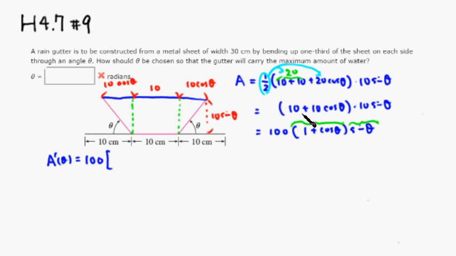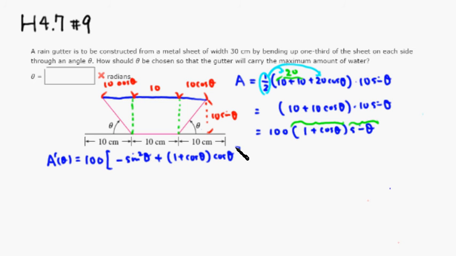The derivative of the first is 0, the derivative of cosine is negative sine, times sine of theta, so it's negative sine squared of theta, and then plus 1 plus cosine of theta times the derivative of sine, so that would be cosine.